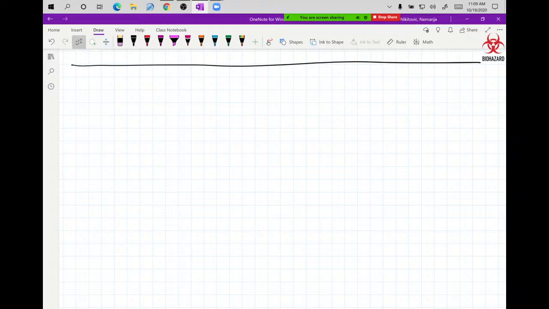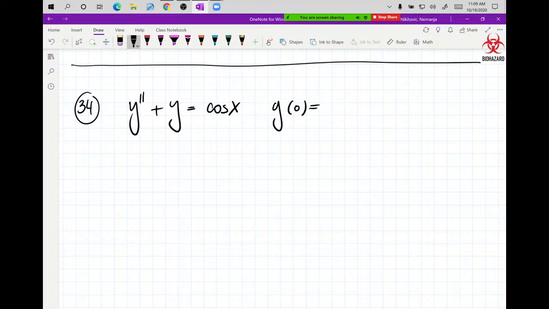Let's see. Any problem with initial conditions? Let's see how well number 34 is going to go. y double prime plus y equals cosine x, and then y of 0 is 1 and y prime of 0 is -1.